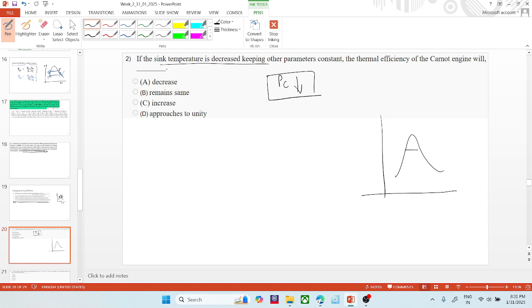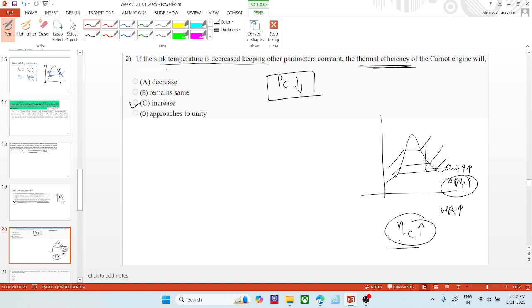We have seen that by decreasing the condenser pressure, WT increases more and WP increases less. So the work ratio would increase and the thermal efficiency also increases. So option C would be correct here.